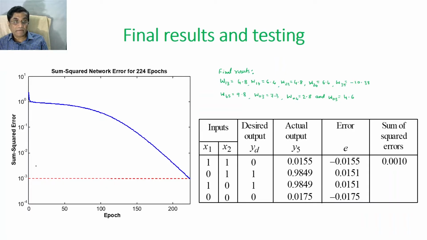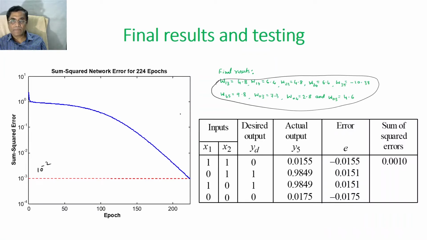Suppose you give a threshold that when my sum square error, which is a metric, is 10 to the power -3, you can also set 10 to the power -2, so that a smaller number of epochs will be required, and you will get whatever parameter values, that is your network parameters. So the network is said to be designed. Okay, this is a nonlinear network.